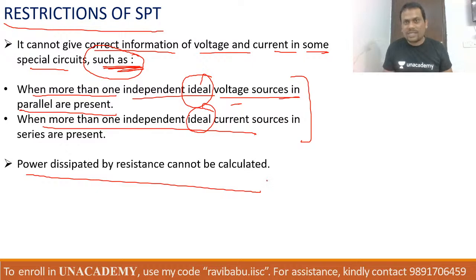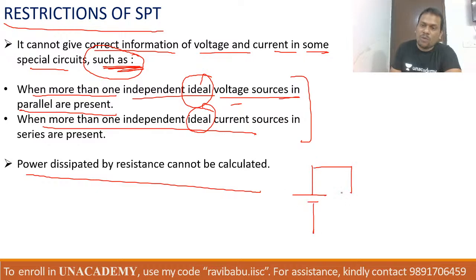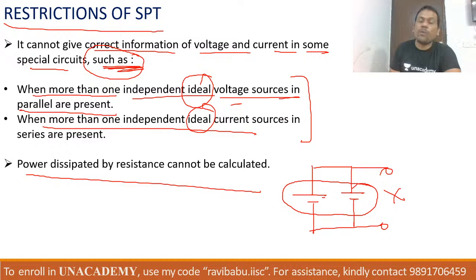We have already discussed. So whenever SPT will fail, beta, whenever we have two voltage sources in this fashion, and the rest of the circuit I am not drawing. If two voltage sources in this fashion are connected, we cannot calculate current or voltage of any element by SPT.